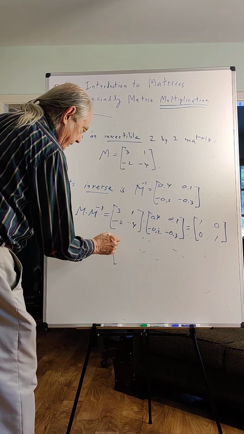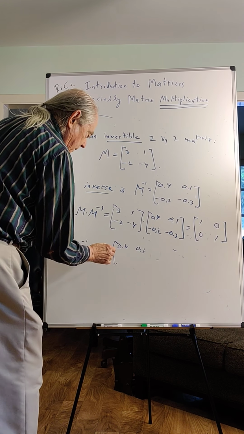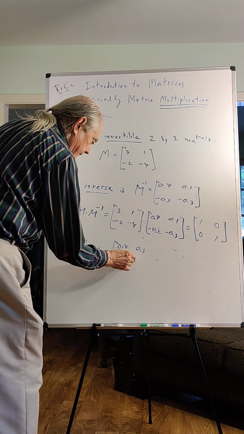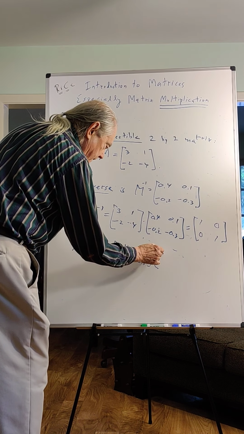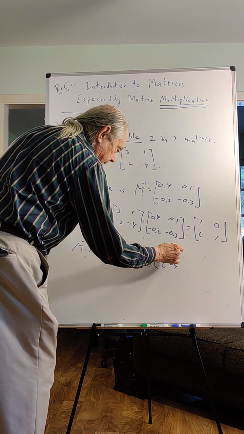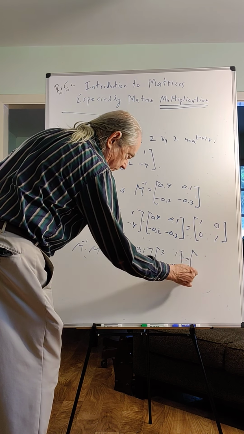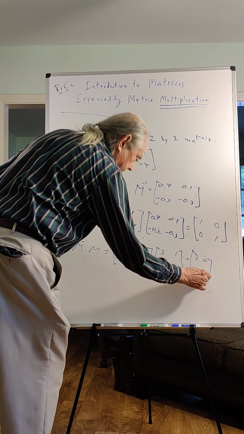The numbers that you actually add together are not always the same as they were. And since I'm trying to keep these videos to about 15 or 20 minutes, I'll leave that for you to check.